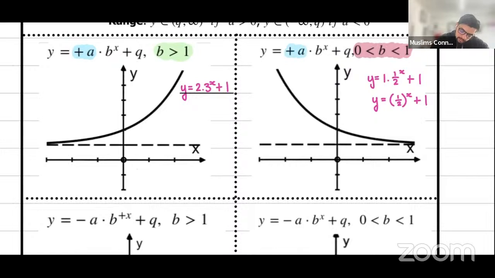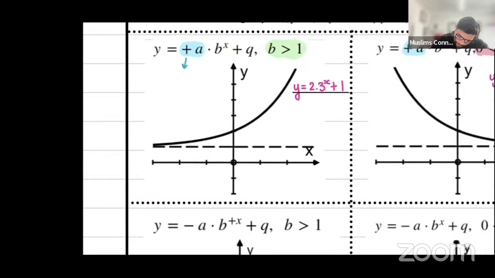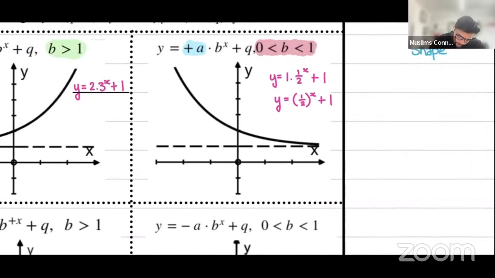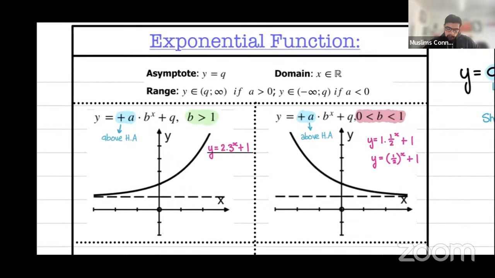When a is positive, this means that the function is above the horizontal asymptote. So in both examples, the function is above the horizontal asymptote. As you can see, if we compare these two functions, the first one we went through and the second one, both of them are above the horizontal asymptote.